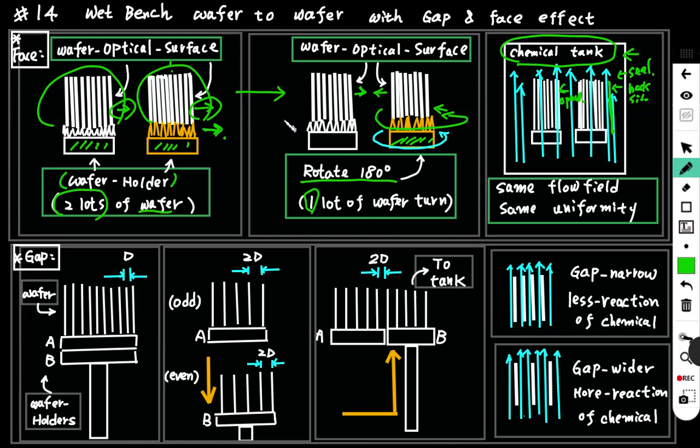So to improve it, we change one lot optical surface direction. Then these two lots in the chemical tank face to face.